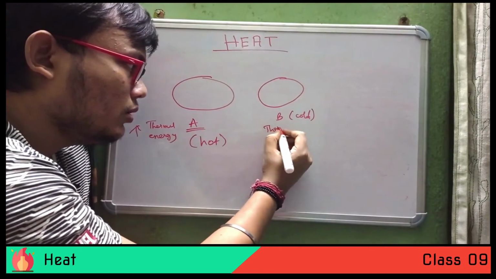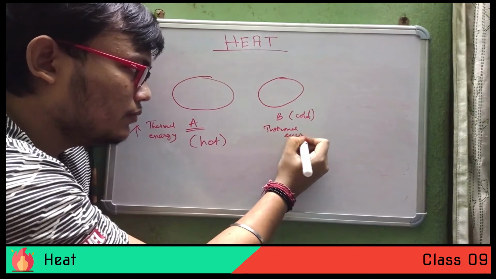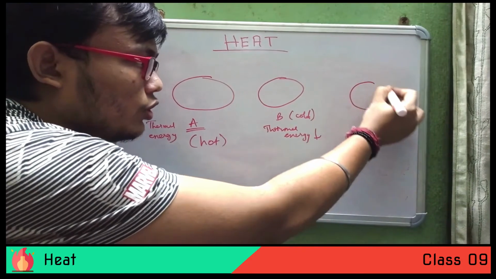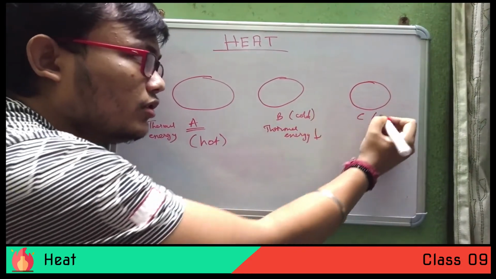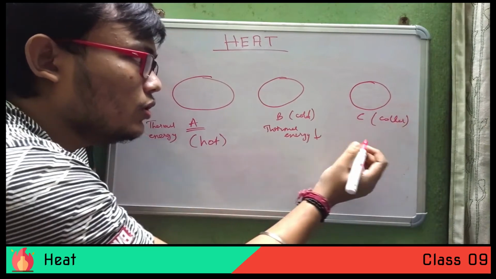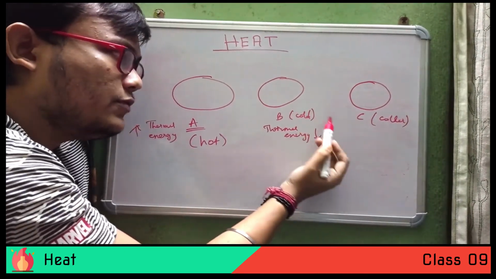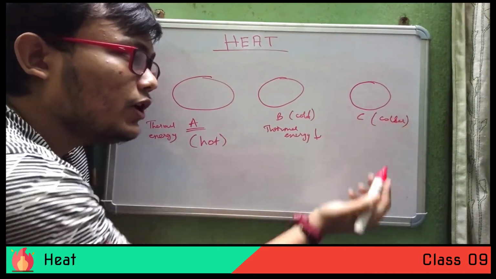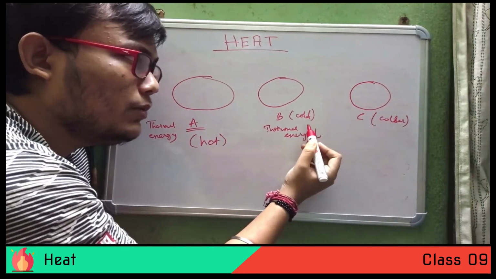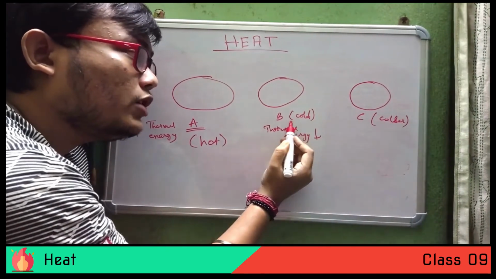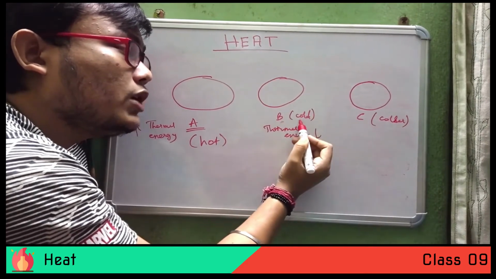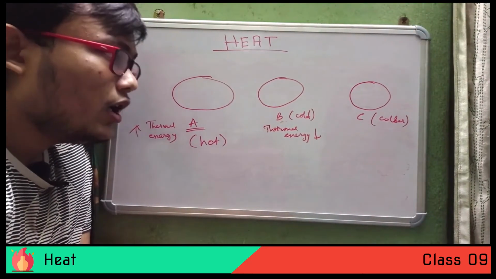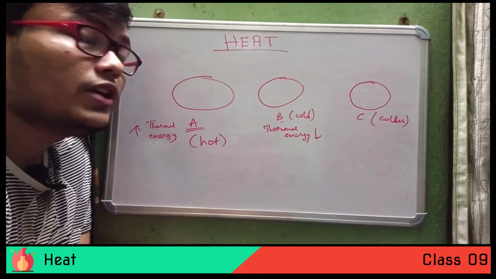So thermal energy will be less. If we take another body, body C, which is even colder than body B, the temperature of this body with respect to body B will be much less, and the temperature of body B will be much more with respect to body C. So we can tell that a body has more thermal energy with respect to another body.